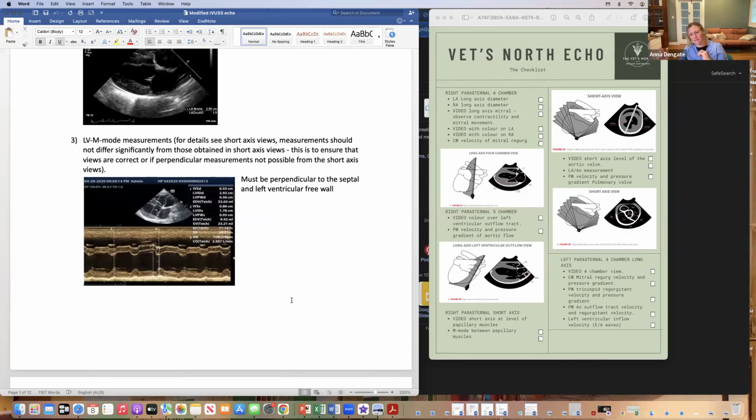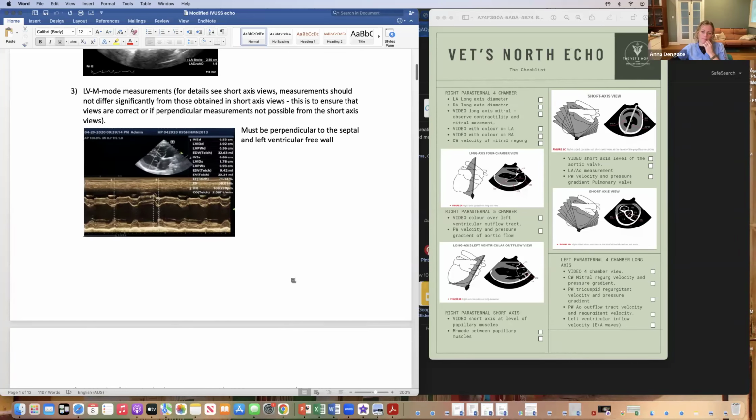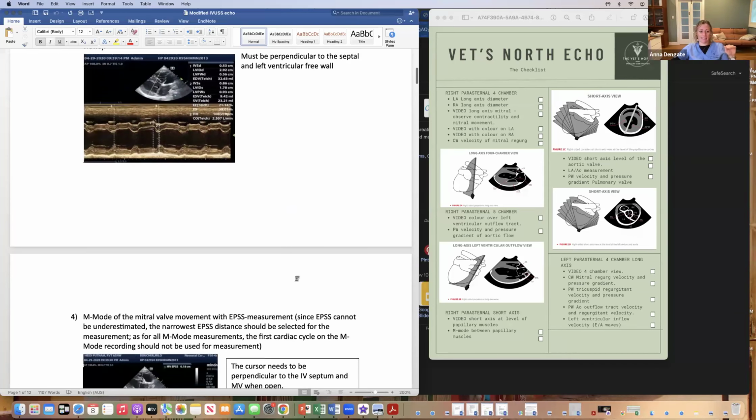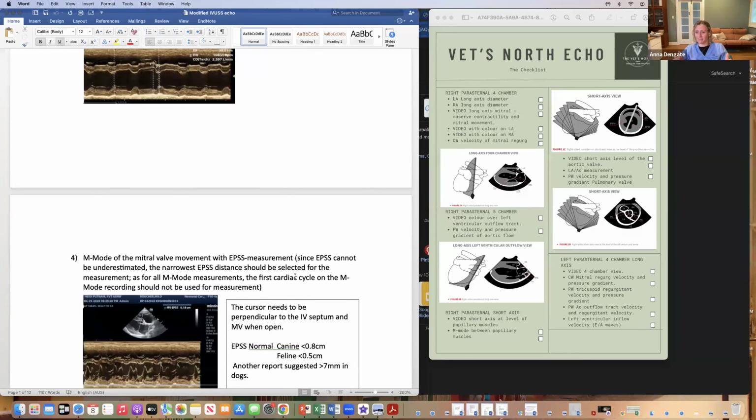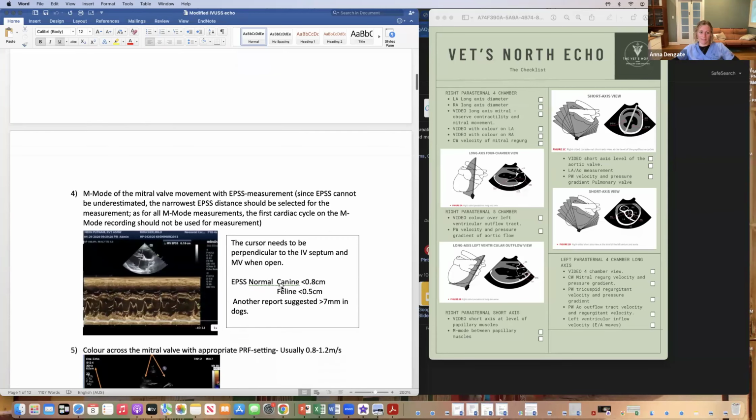Does that make sense? Yep. So 10%. That's like standard lab testing. If you can't replicate the same, like 10% is pretty much the margin of error for everything.